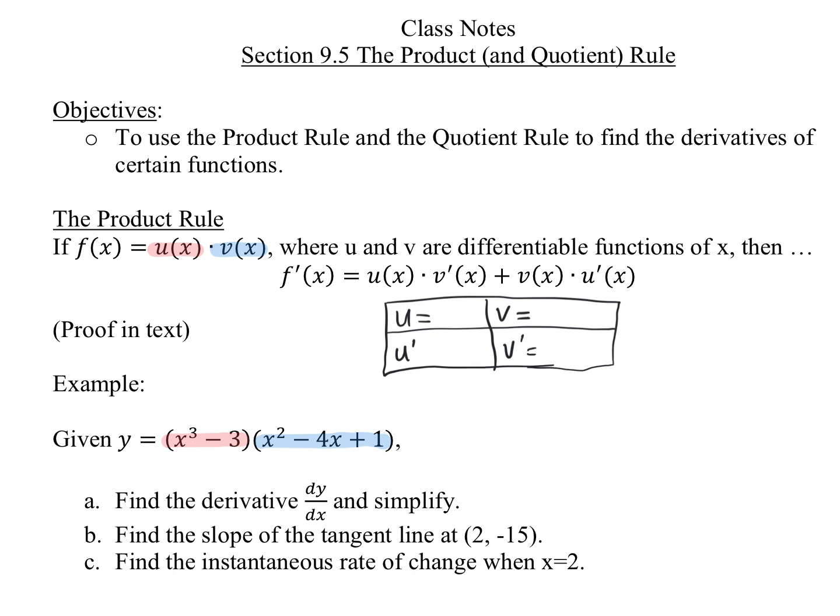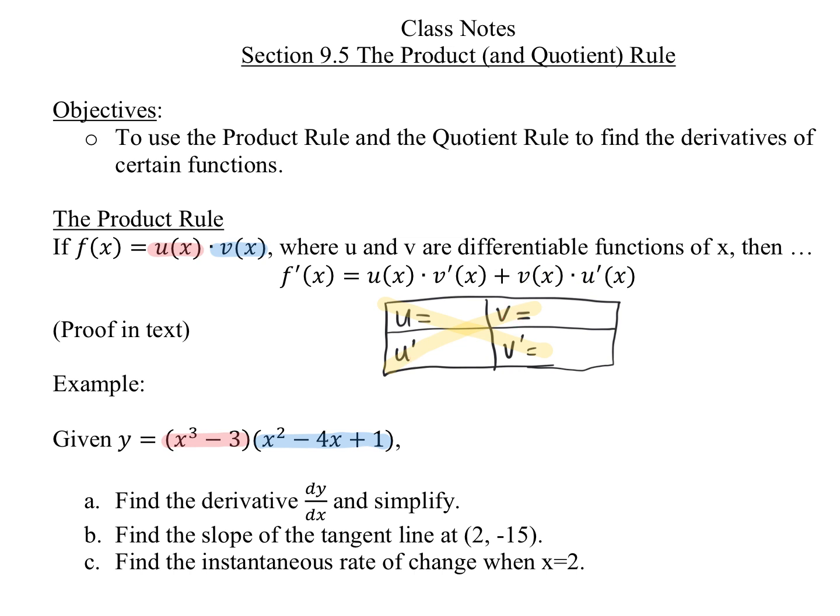Now, once you have these written down, you can construct the product rule by multiplying along the diagonals. So notice it says u times v prime, and that's what we get when we multiply along the first diagonal. And then if we multiply along the second diagonal, what we get is v times u prime, which is what the product rule shows.